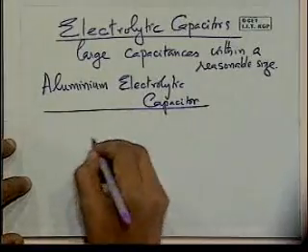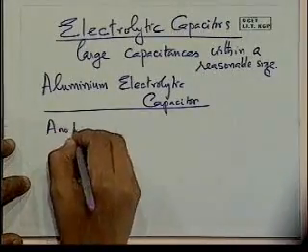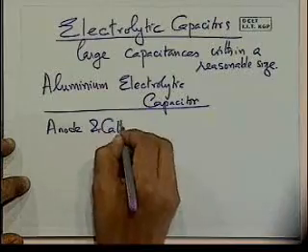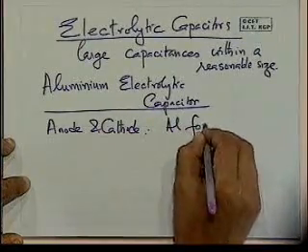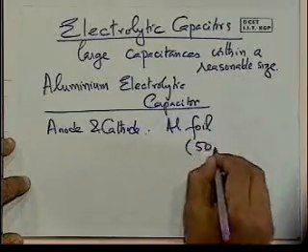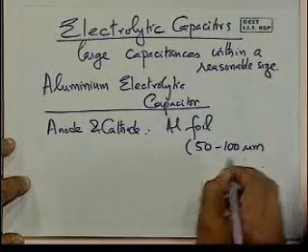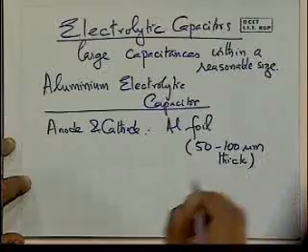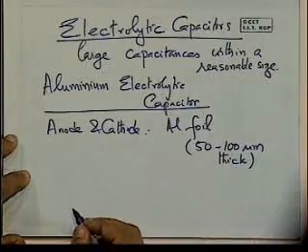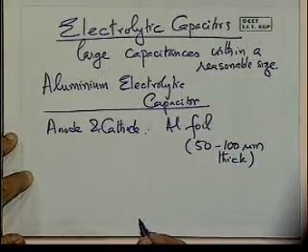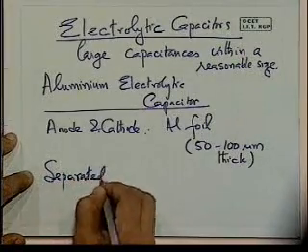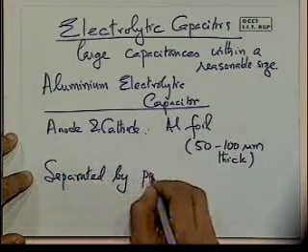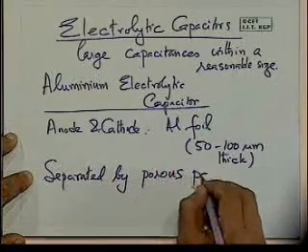Essentially, it consists of an anode and a cathode, which are made of aluminum foil 50 to 100 microns thick. So thin foils of aluminum are used as the anode and the cathode. And they are separated by a porous paper which is soaked in some electrolyte.